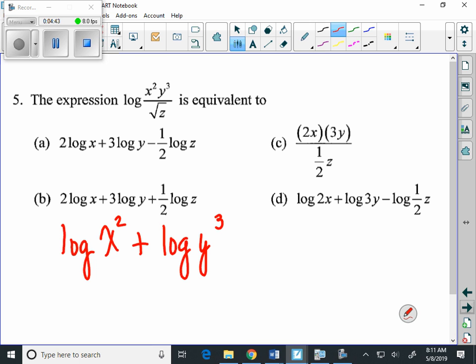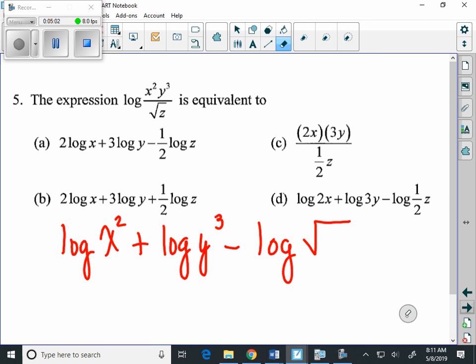We are multiplying, and we can expand by addition. Well, we still have that log of the square root of z down there. When we divide, it is going to be subtraction. So this is going to be log of the square root of z.